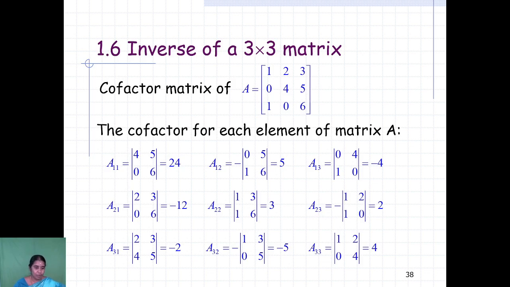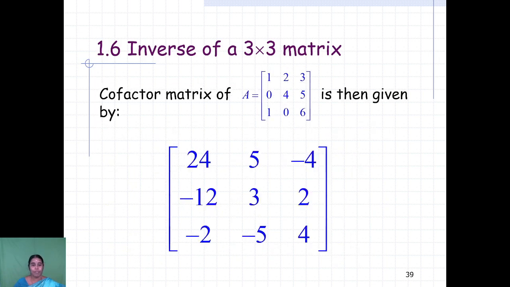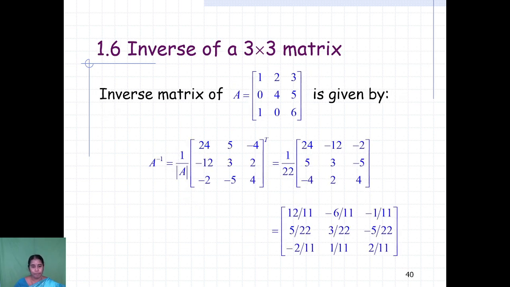For A31, we omit the third row and the first column and obtain minus 2. In the same way, we calculate A12, A13, A22, A23, A32 and A33, and obtain the cofactor matrix as given in this example, 24, 5, minus 4, and so on.